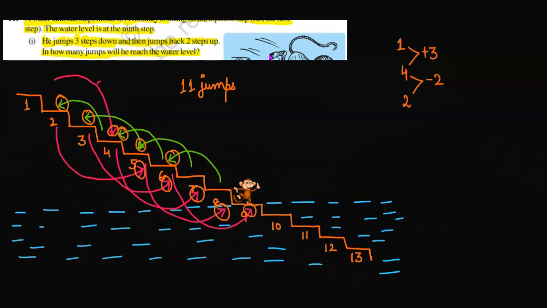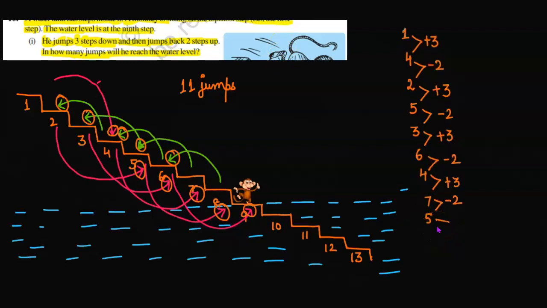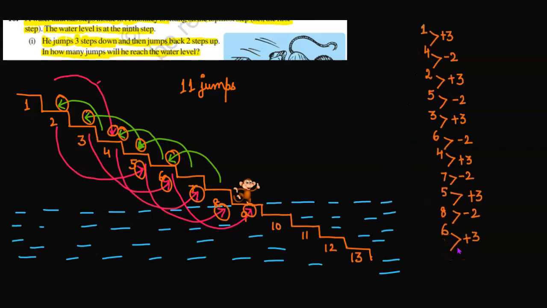So he reached the 2nd, then again +3, so 5, then -2, so 3rd step, then +3, 6th step, and then -2 again, 4th step, +3, 7th step, -2, 5th step, then again +3, 8th step, -2, 6th step, then +3, the 9th step.